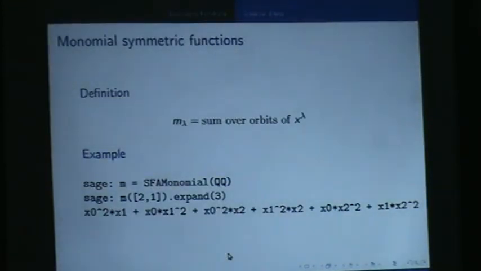So I guess this needs a bit more explanation. But say we have the partition lambda equals 2, 1. Then one of the terms that's going to appear is x naught squared times x1 to the 1. So those exponents are where the integer partition comes in.